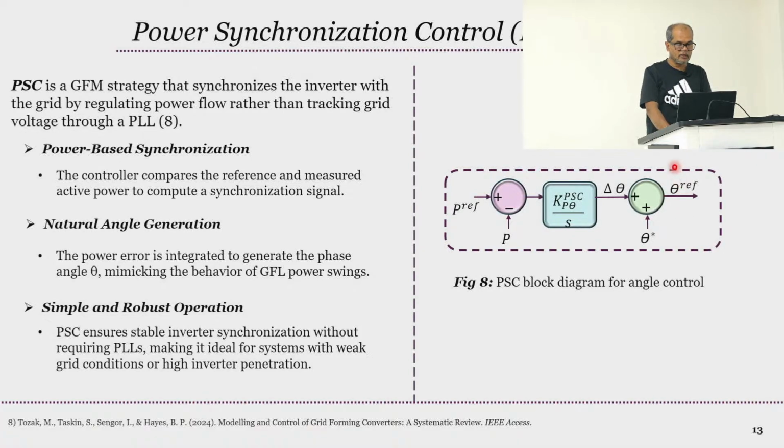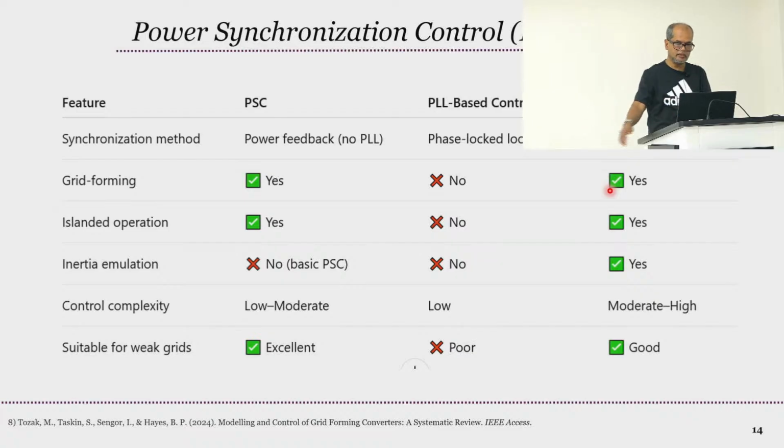It actually produces the angle that helps to synchronize with the grid. The controller compares active power, and then by using an integrator it produces theta, and finally from that it gives the command to the grid forming inverter.